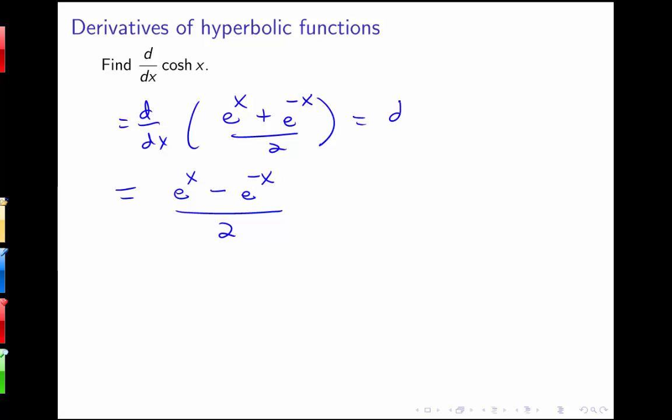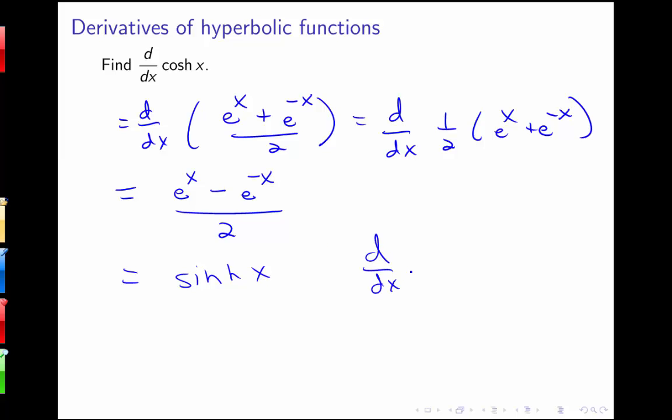Remember, I can just look at this like the derivative of 1/2 times e to the x plus e to the negative x. So the derivative of a constant times something is just the constant times the derivative of that next piece. And then we look at this and we recognize it as hyperbolic sine.